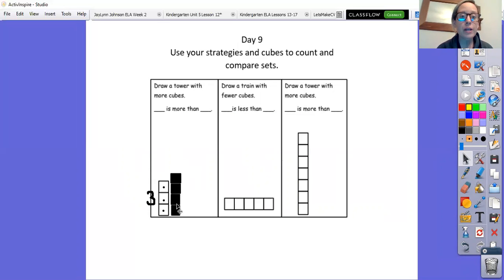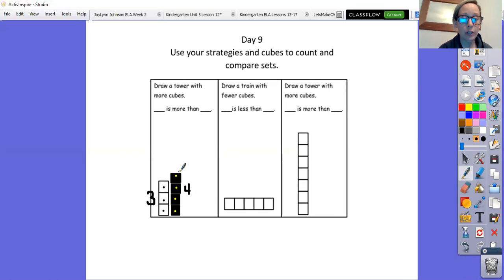So my tower is showing more. I can see that physically because it's literally one more cube stacked on top, right? This one is taller than this one. This one has 3. Let's count the amount of cubes in this one, okay? All right, let's count. 1, 2, 3, 4. Oh my goodness. Okay, so there is 4, okay? So I want to decide which one is more.